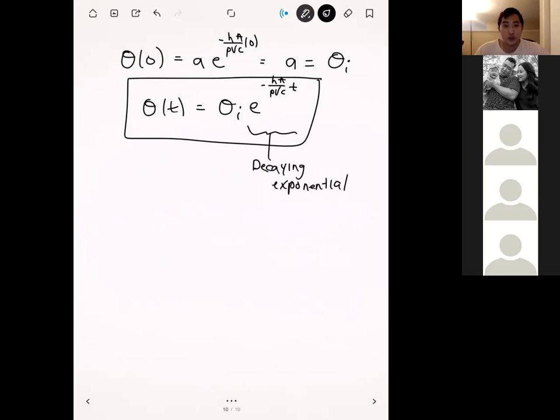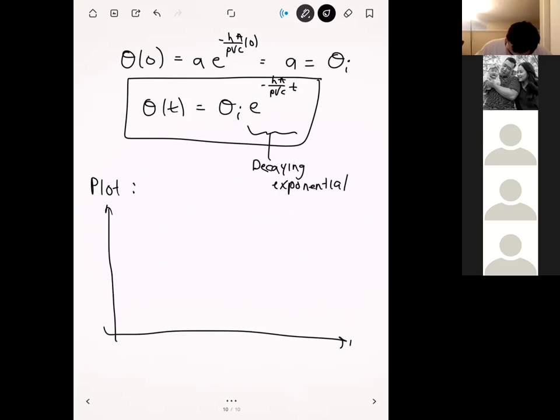And so what we can do here is plot our theta as a function of time. Okay. And so our plot's going to look like this. So initially, we're going to start with a temperature difference of theta I, and then eventually this is going to decay down to almost 0, right?